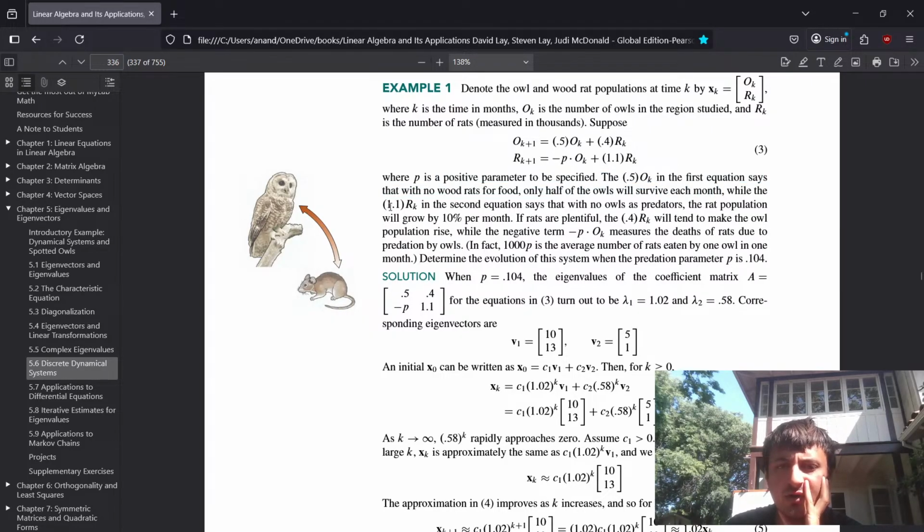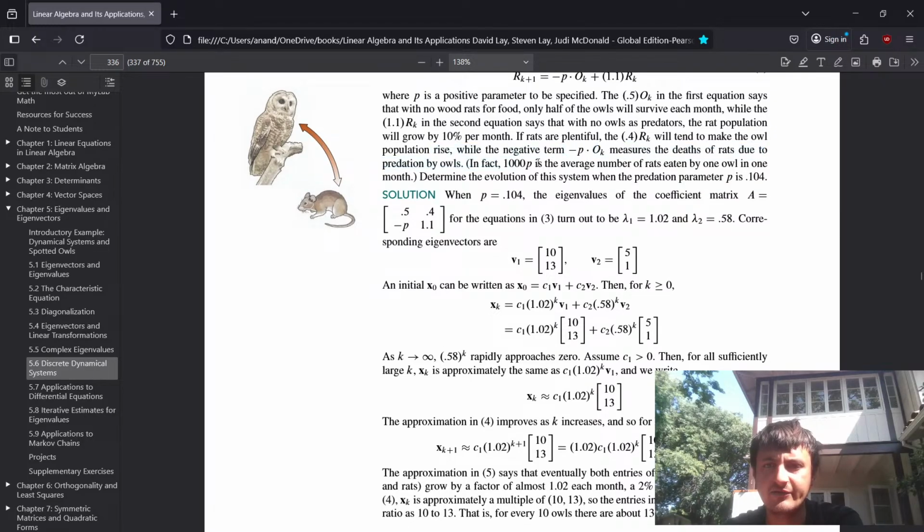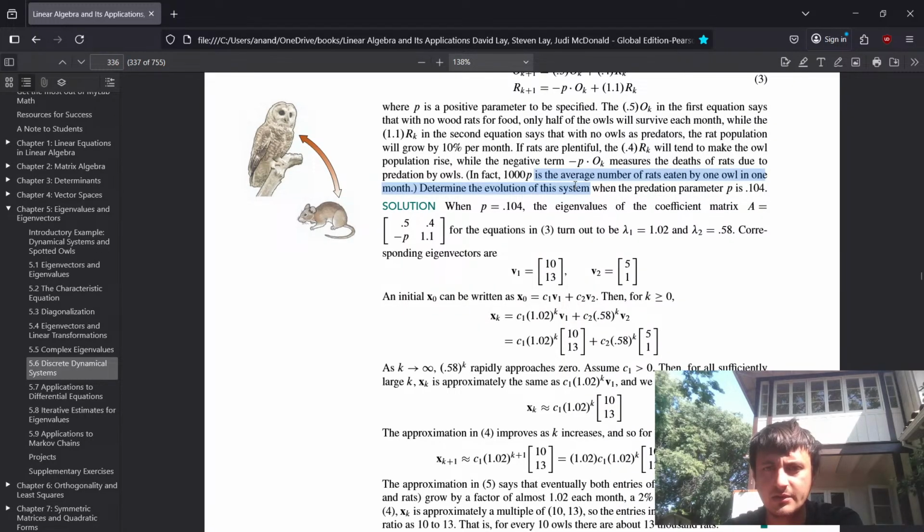While 1.1 Rk says if there are no owls, then the rat population will grow by 10%. If rats are plentiful, the 0.4 Rk will tend to make the owl population rise, while the negative term minus p Ok measures the death of rats due to the predation of owls. In fact, 1000p is the average number of rats eaten by one owl in 1 month.